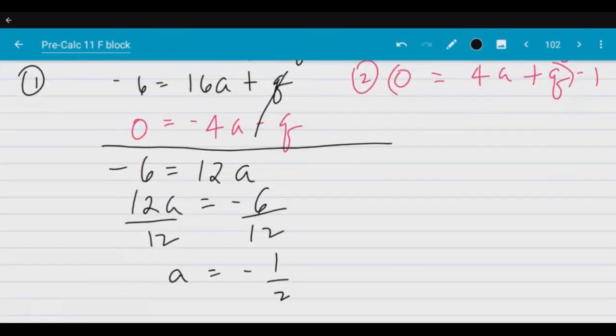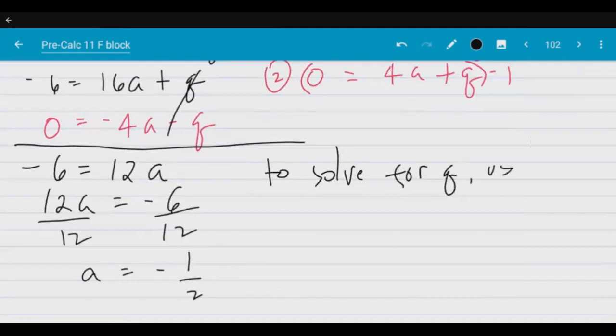All right, since I was able to get a, I can solve for q by using this. To solve for q, use equation 2 right here.